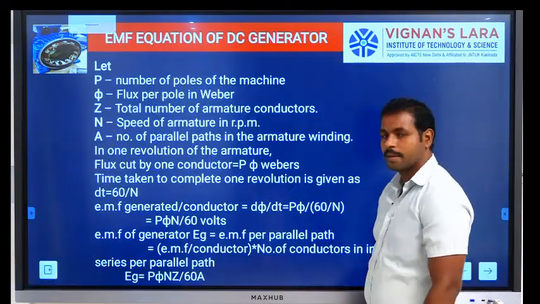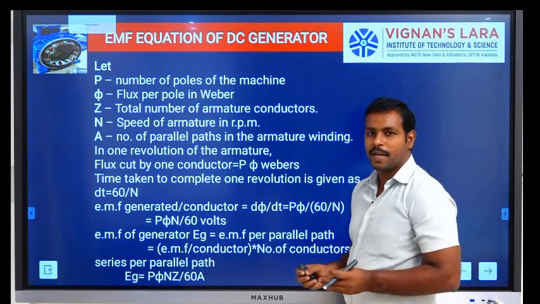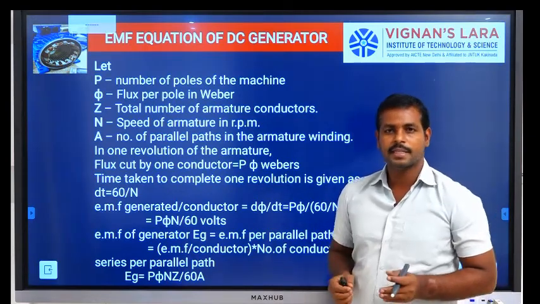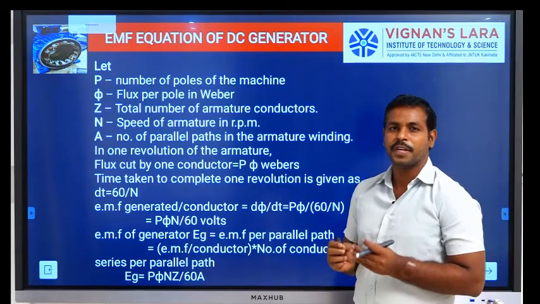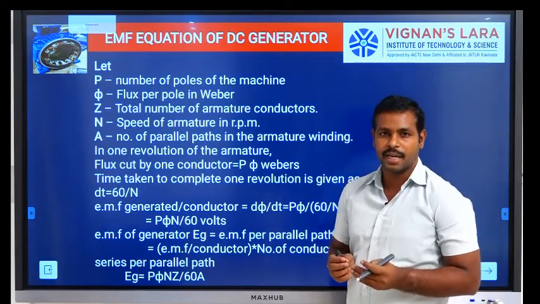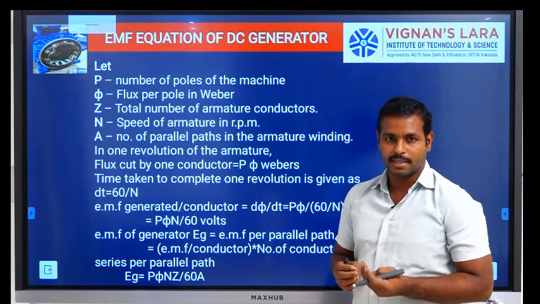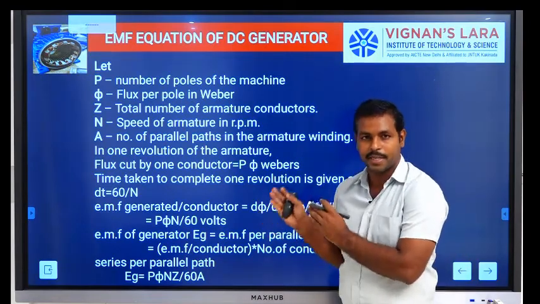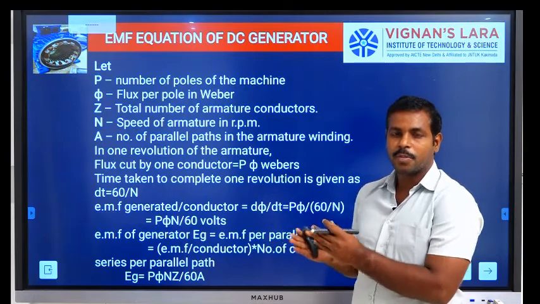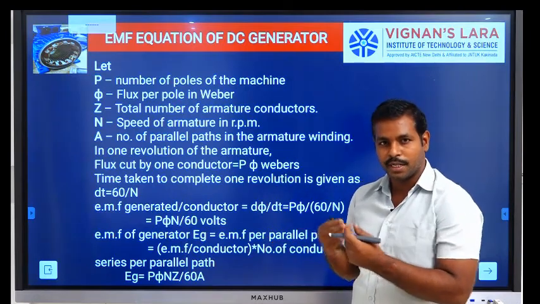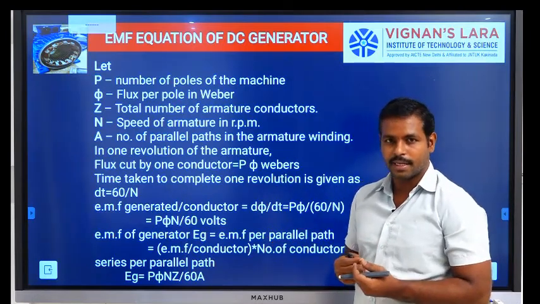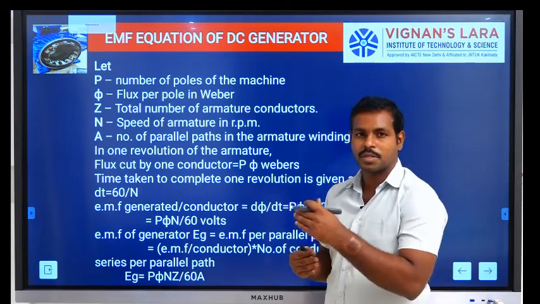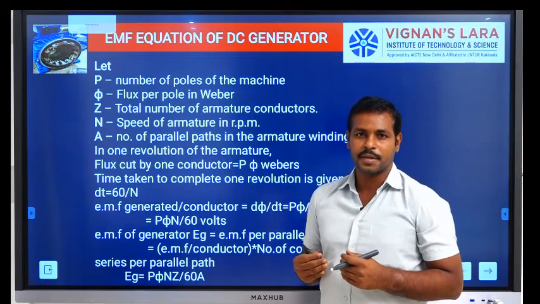So next is the EMF equation of a DC generator. How much EMF is induced in an armature or conductor? Previously we considered a rectangular coil in a magnetic field. By using a prime mover we can rotate it from 0 to 360 degrees, so it generates one positive half cycle and one negative half cycle.